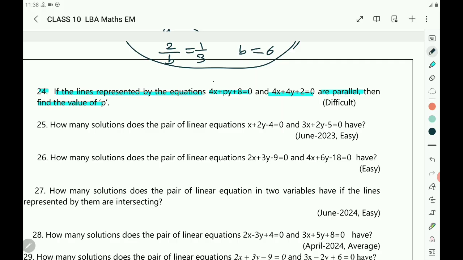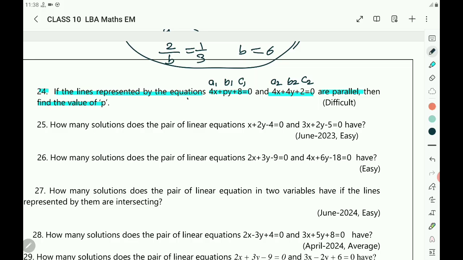Here you take a1 is 4, b1 is p, c1 is 8 and a2 is 4, b2 is 4, c2 is 2.